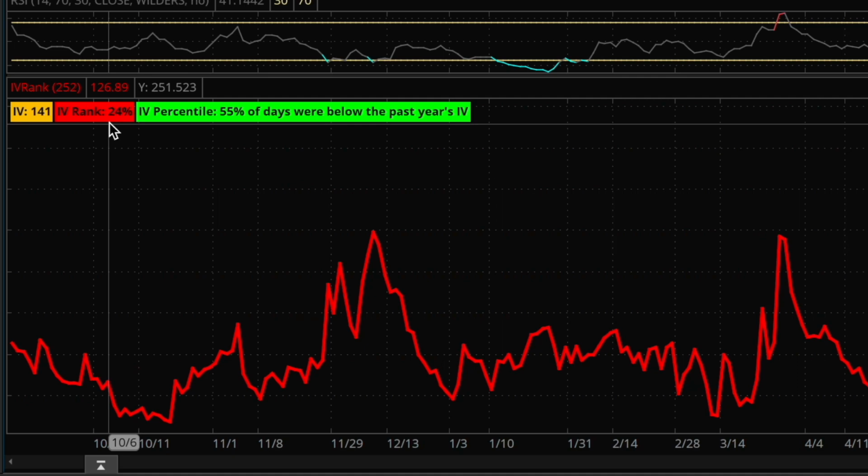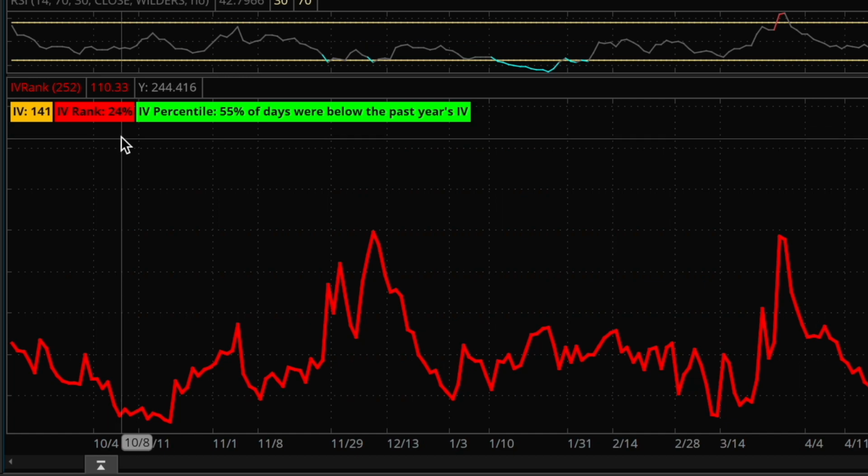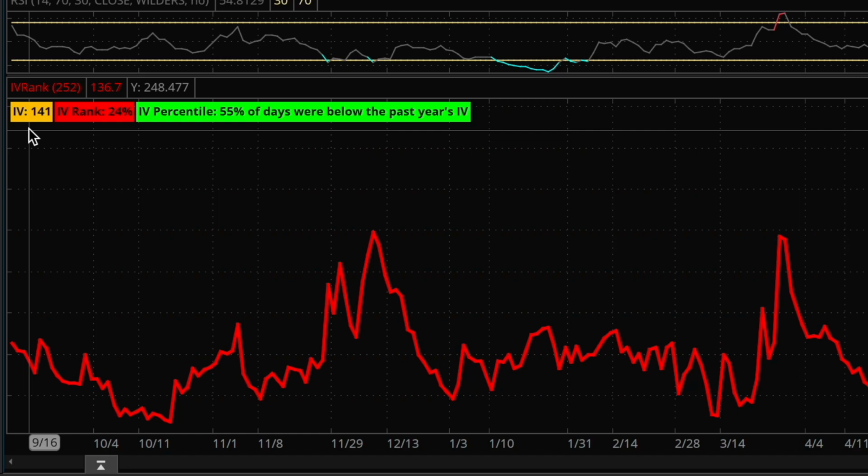And so the issue with IV rank here has to do with its actual calculations. In particular, IV rank compares the current implied volatility, which for AMC right now is 141%, to the previous 1 year high for the implied volatility of the stock and also to the 1 year low.